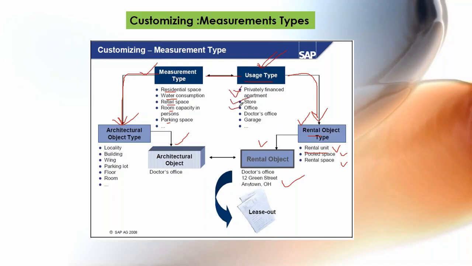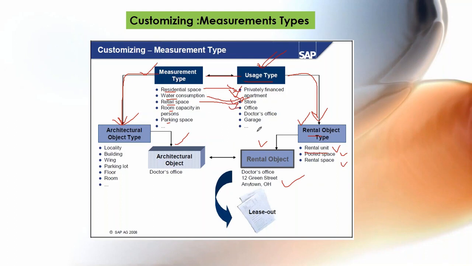In measurement type, residential space, you are only assigning to one usage type. Water consumption you are assigning to, let's say, store, and retail space you are assigning to store, for example. So only residential space will be available here in the rental unit, not all.